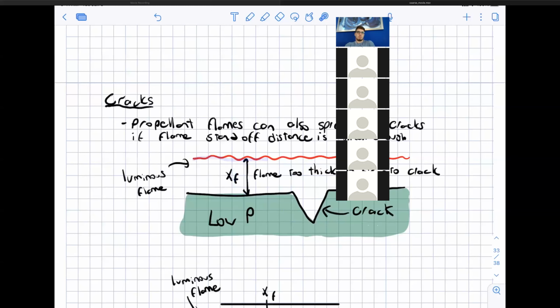The gases need basically this much distance to burn from the surface, and at low pressure, this distance here is larger than this distance here, so the flame cannot fit inside of the crack. But what happens at high pressure? Well, at high pressure, the rate of chemical reactions increases, and this flame standoff distance decreases, and it starts to move closer and closer and closer to the surface.